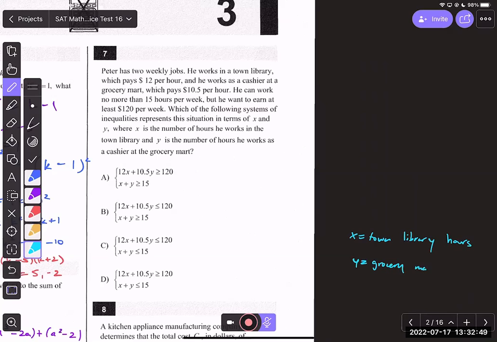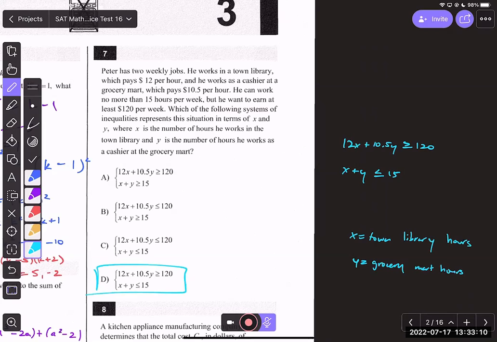And then he wants to earn at least $120. So I have to make that equation as 12X plus 10.5Y is greater than or equal to 120. And then it also says he can work no more than 15 hours per week. So I have to make X plus Y less than or equal to 15, which is D in this case.